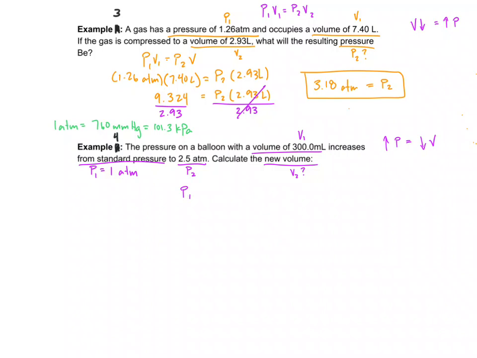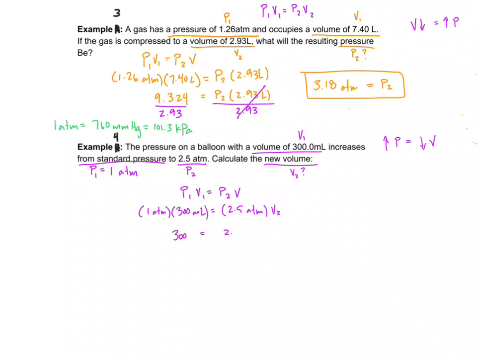Boyle's law says P1 V1 equals P2 V2. The value of P1 is 1 atmosphere. The volume V1 is 300 milliliters. The value of P2 is 2.5 atmospheres, and the new volume is unknown. Now I'm going to combine like terms on the left. 1 times 300 is simply 300.